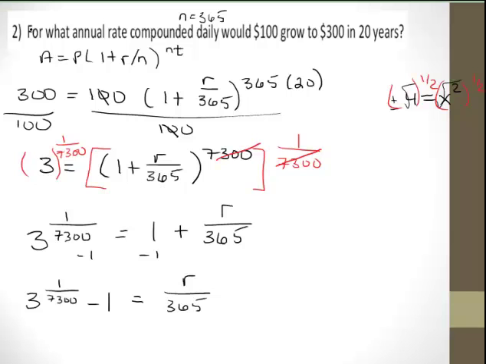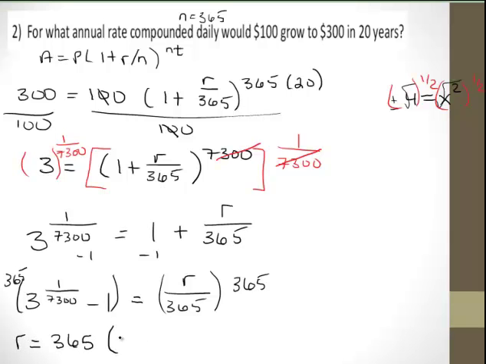Now to get rid of the 365, we just need to multiply both sides by 365. So we end up with r equals 365 times 3 to the 1 over 7,300 and then minus 1.